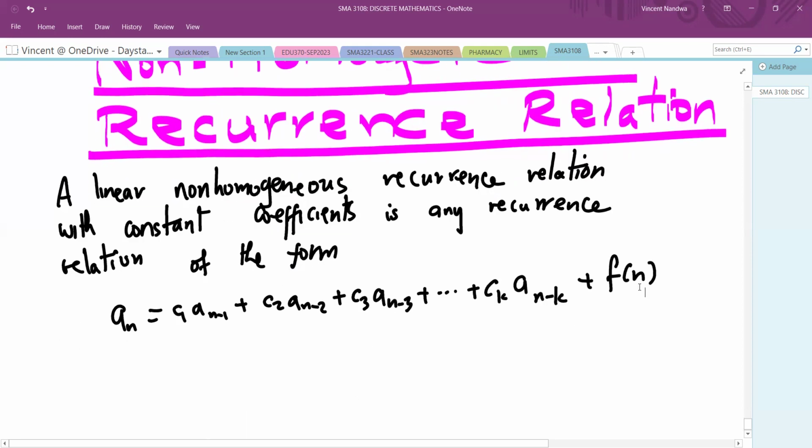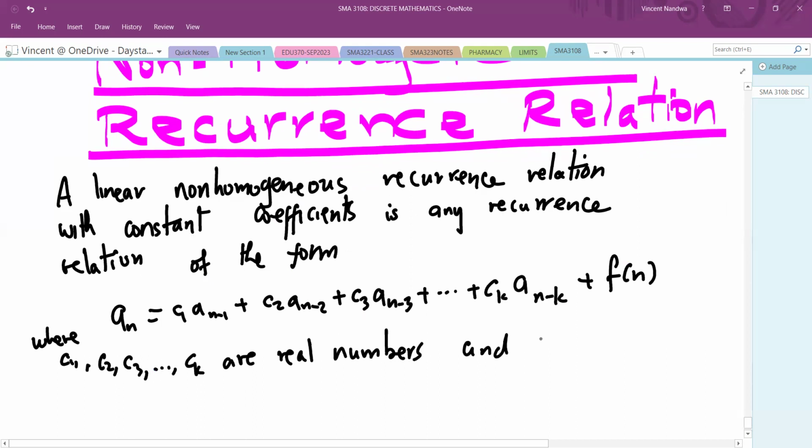and we specify that c_1, c_2, c_3, all the way up to c_k are real numbers. And this function f(n) is a function not identically equal to 0.